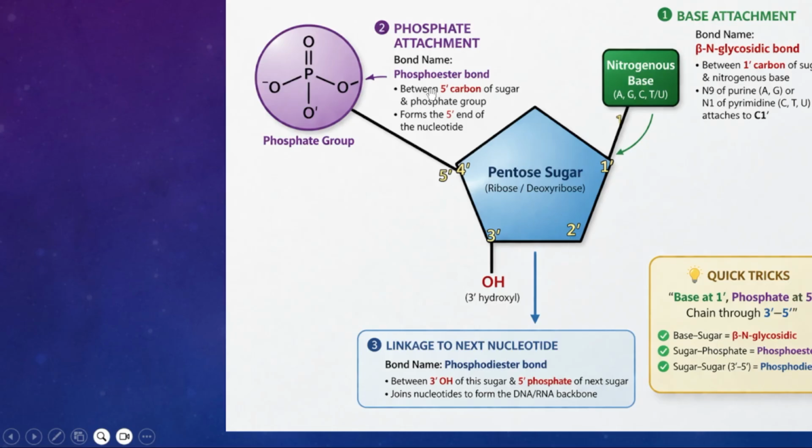Which bond? Phosphoester bond. If I ask the bond name, phosphodiester bond, it will be between the 3' OH of this sugar and the 5' OH of the next sugar that is going to be joining. So it joins the nucleotides to form the DNA or RNA backbone.